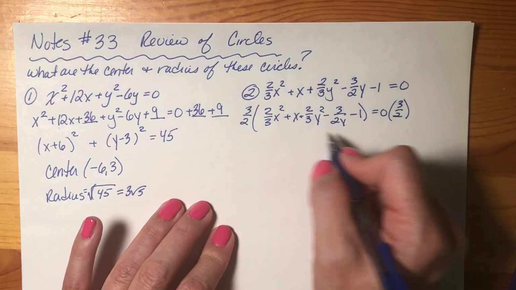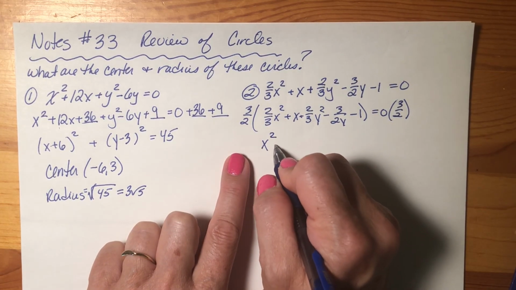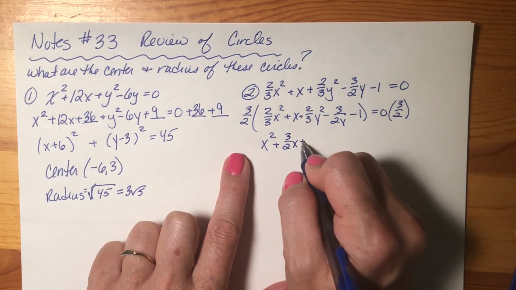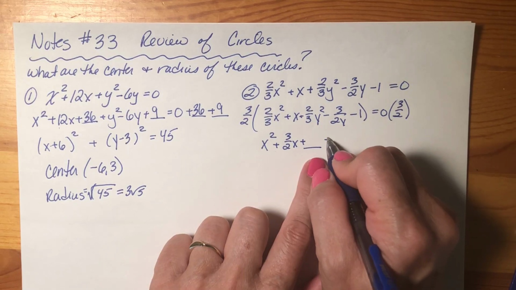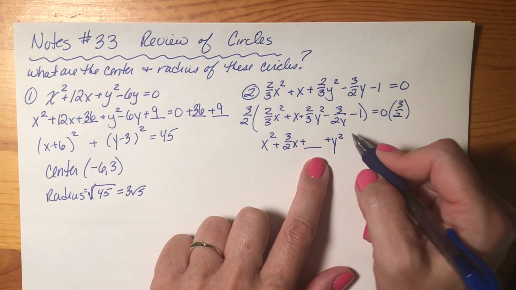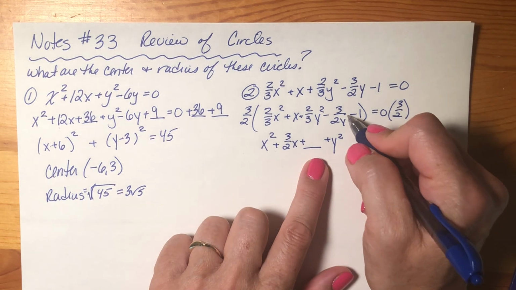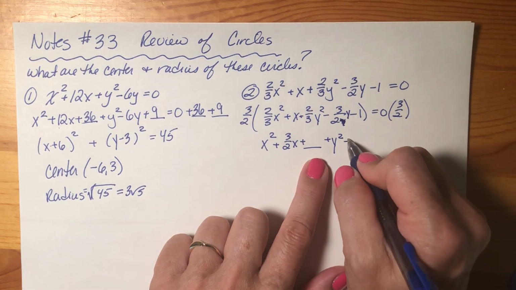All right, so we're going to go ahead and distribute and clean the whole thing up. I have x squared plus 3/2 x. I'm going to leave the blank here because I know I'm going to complete the square. Y squared. I'm going to multiply 3/2 times 3/2 y. Oh, this y really should be living up here, not all the way down there. So that's going to be 9/4.